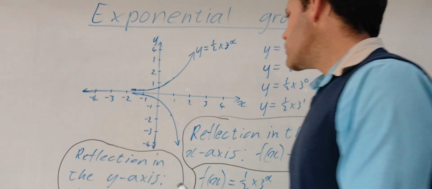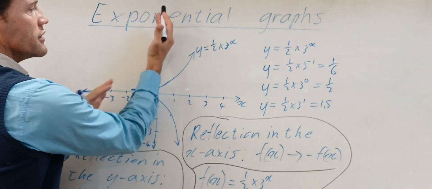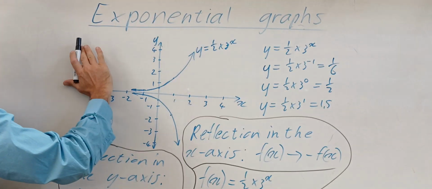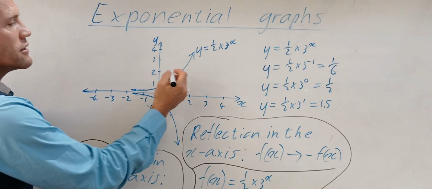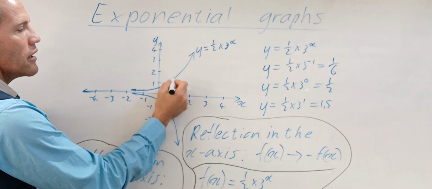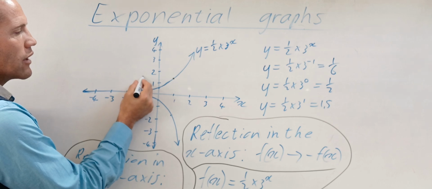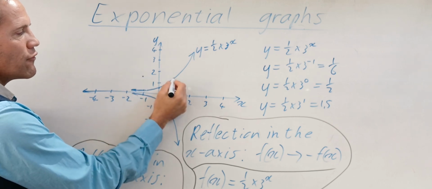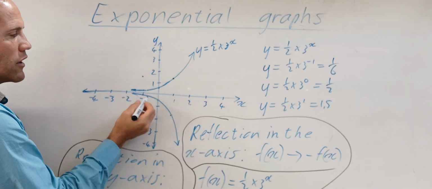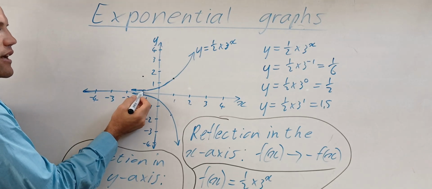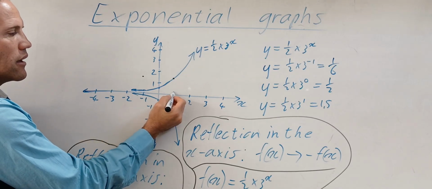If I look at the reflection in the y-axis, this is your mirror, so that part goes this way. Think about it: if x becomes negative x, then it was 1.5 where the x value is 1, now it's at negative 1 and 1.5. The 1/6 at negative 1 becomes 1/6 at 1.